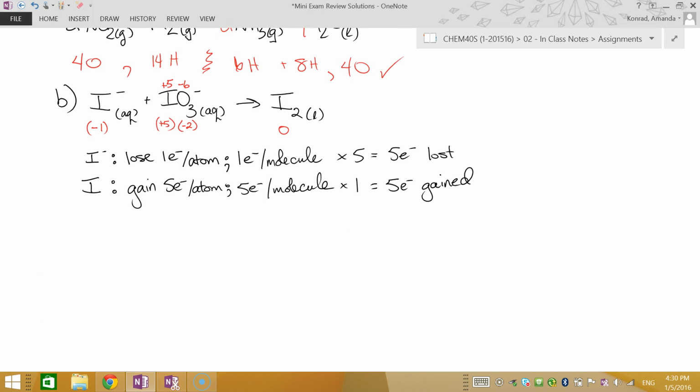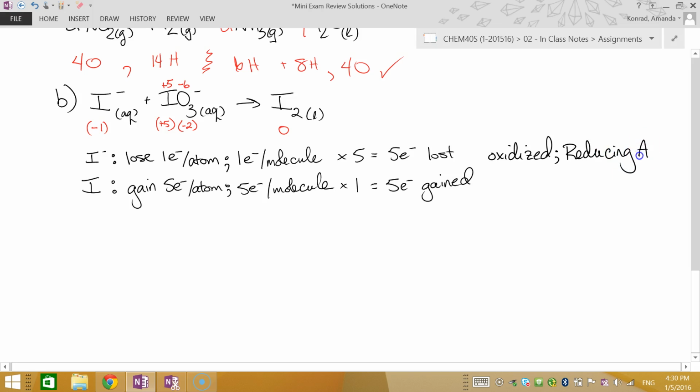Once this part's done, you are able to answer any questions about oxidation, reduction, oxidizing agent, reducing agent. In this case, the iodine ion is oxidized. So it is the reducing agent, because that's all that is present.